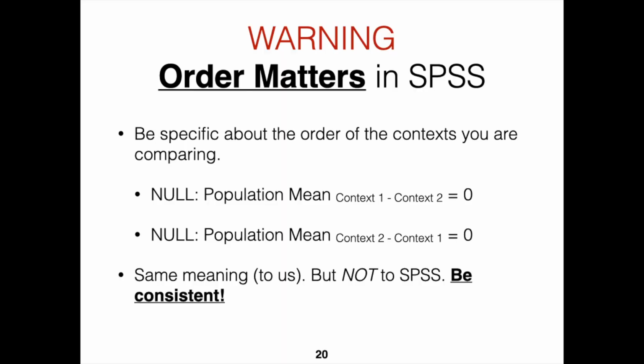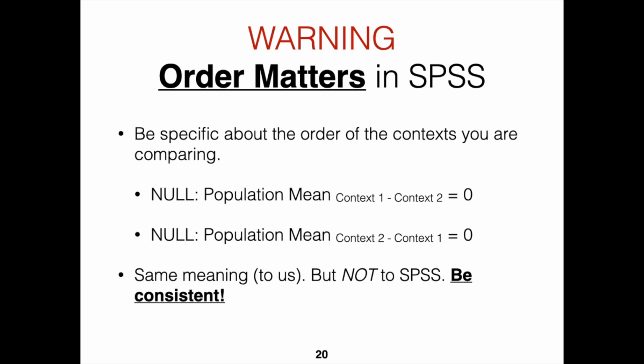And when it comes to working with SPSS, we have to be really careful about the order of how we talk about these groups. As logical thinking people, as you all are, we recognize that there are ways to say things that mean basically the same thing, even if we say them in different ways. So if I said to you that the difference between context 2 and context 1 is basically 0, that's the same thing as saying the difference between context 1 and context 2 is basically 0.